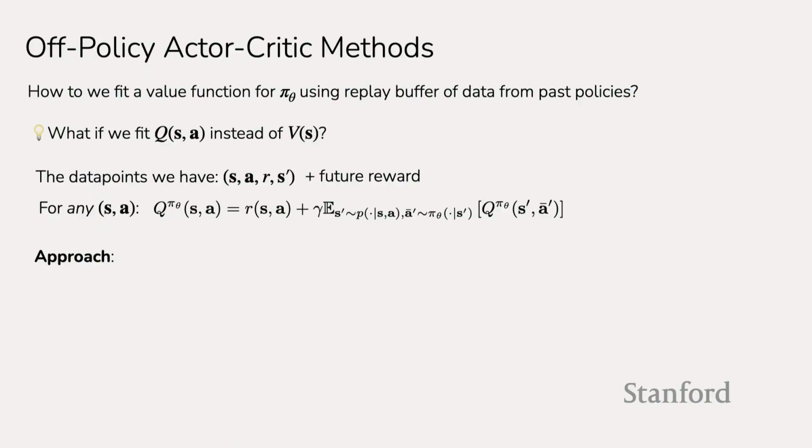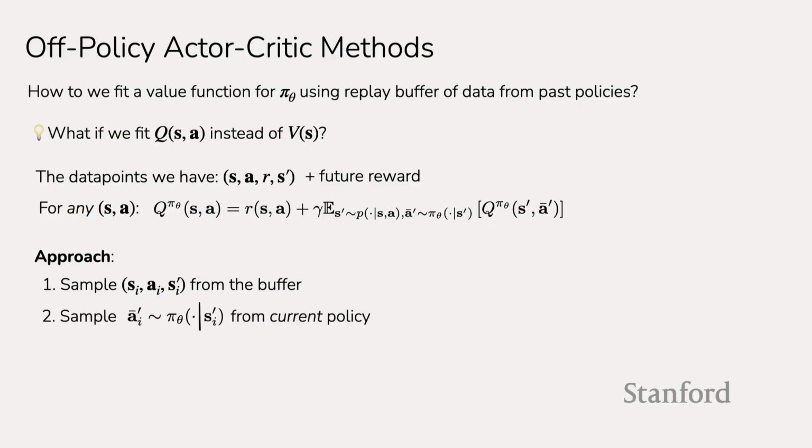So what we'll do here is we'll sample an S, A, S prime from the buffer. This A was from an old policy, but the dynamics are constant, right? And then we'll sample an A prime from our current policy, conditioned on S prime.